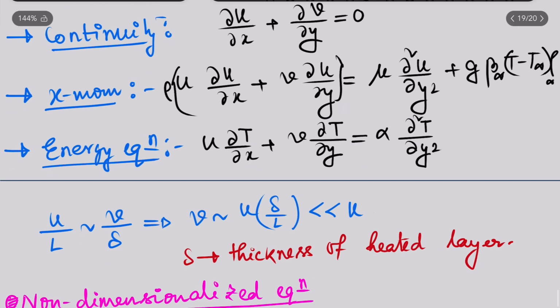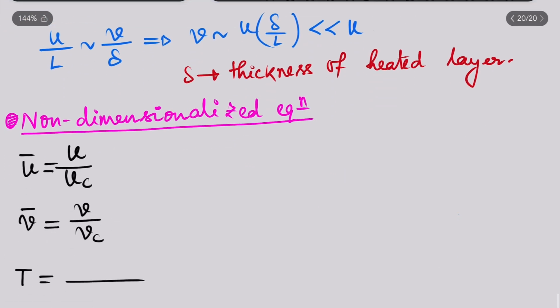But now you have to non-dimensionalize the terms in such a manner that all the non-dimensional terms should be of the same order, or if they are important they should be of the order of 1. They actually can be order of 100, order of 200, but they should be of the same order.